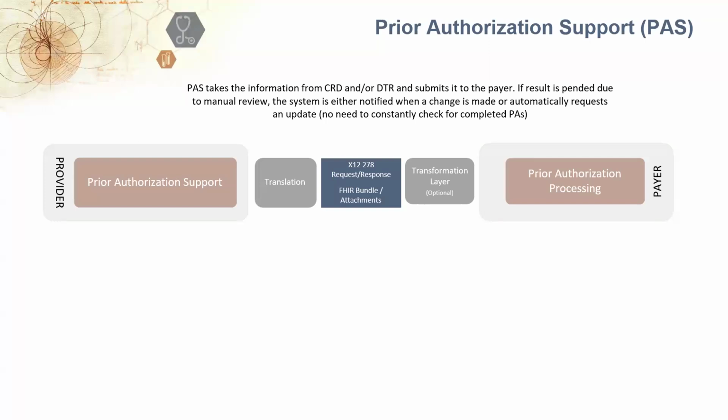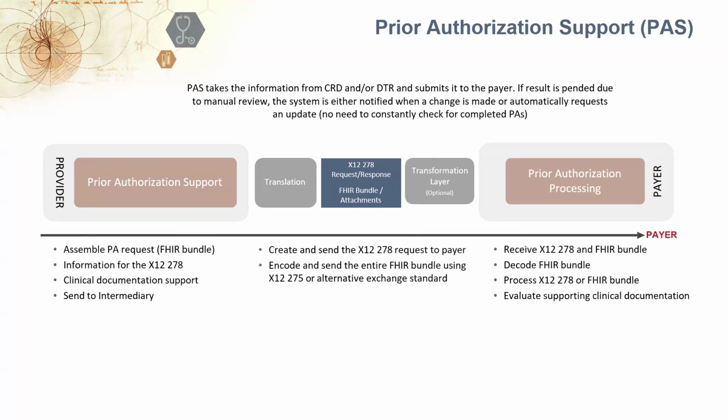Now, the way that this is laid out on the slide is obviously a little different, but I think this is a little better explanation. So you can see that once that information is gathered, prior authorization support, PAS, can assemble all that into the FHIR bundle, can do any mappings and translations that it has to do for the X12 278, any information that's necessary, then it can actually pass that along. You see the translation that takes place.